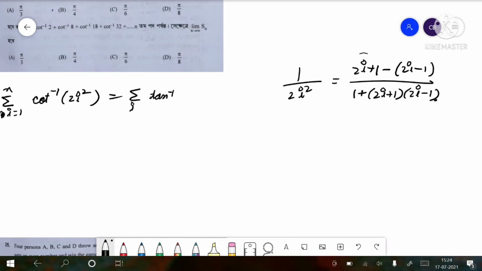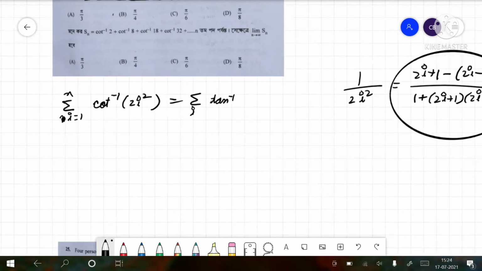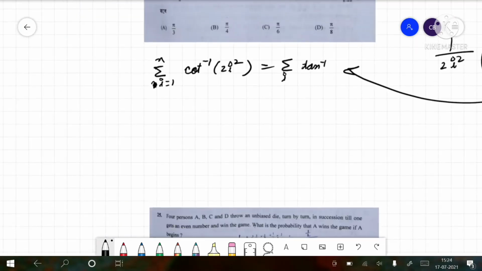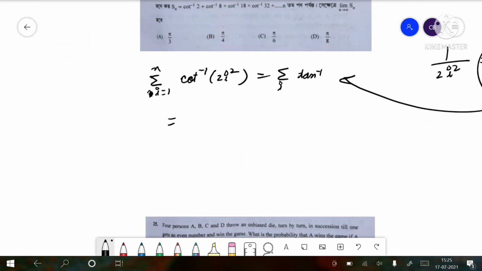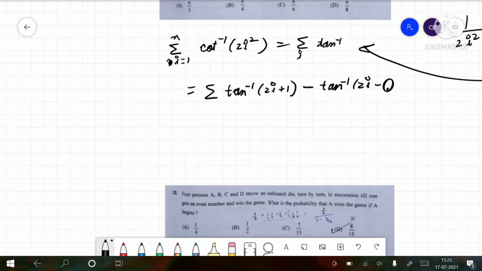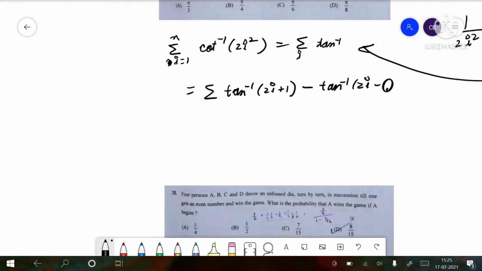So rewriting this with this formula, we can see that this becomes tan inverse of this thing, which by breaking the tan inverse formula, is equal to a summation of tan inverse (2i plus 1) minus tan inverse (2i minus 1). So for i from 1 going till infinity, we can write this as, this would be 1, sorry.